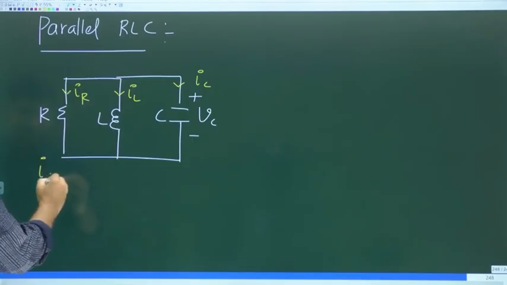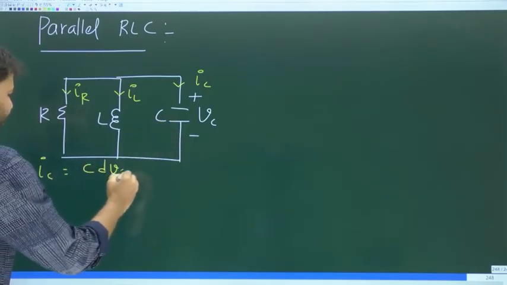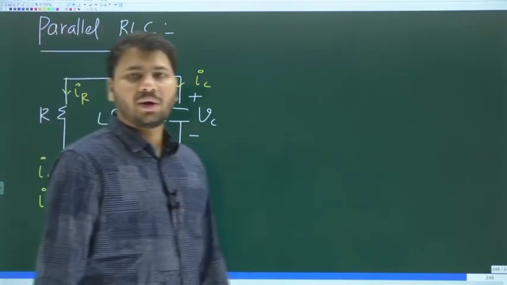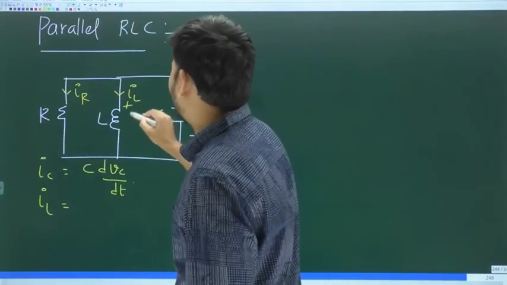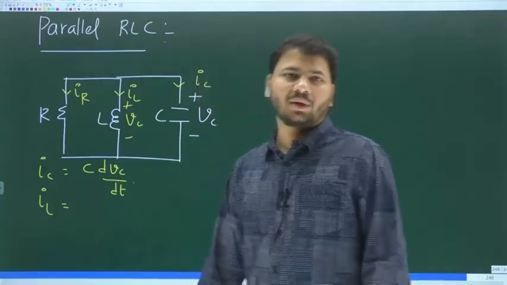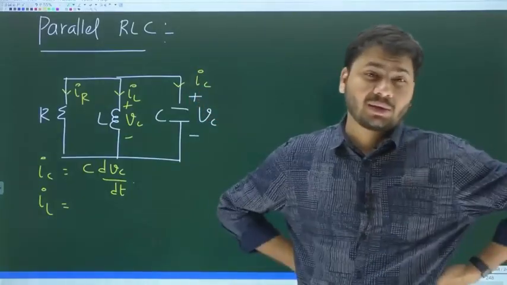What is IC in terms of Vc? Is it not C dVc by dt? What is IL in terms of the voltage across the inductor? Remember, the voltage across the inductor is also Vc. What is the current through the inductor in terms of voltage across the inductor?